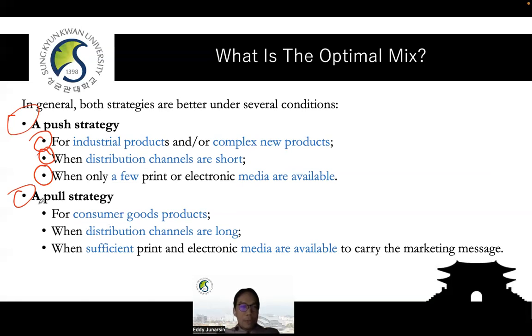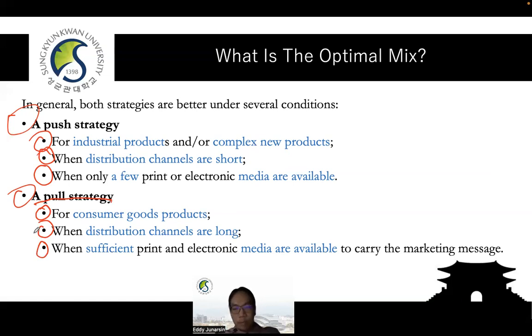But the pull strategy, where you really rely on the mass media, most likely would be more effective for consumer good products when the distribution channel is longer and we have enough access to media, and the segments that we target are paying attention a lot to the media. I think that's the high time that we use the pull strategy.